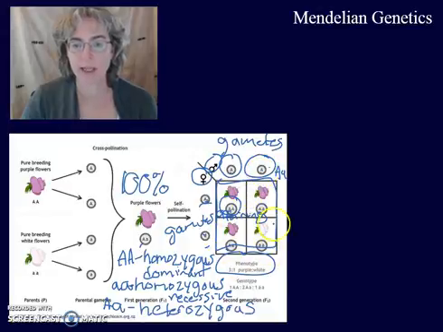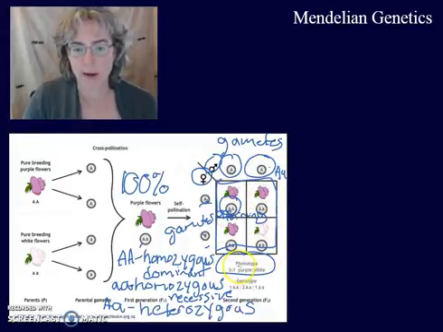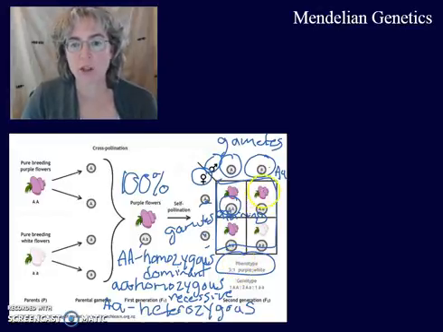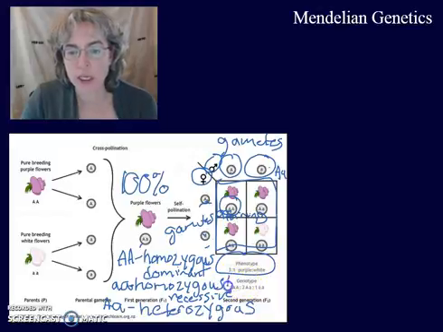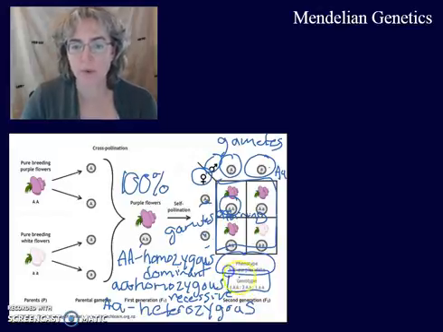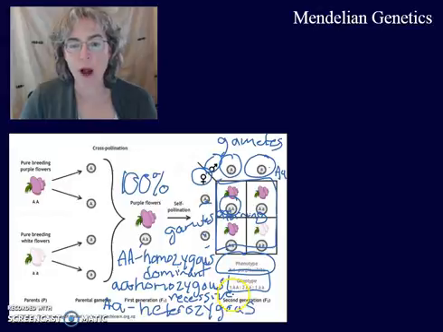And we know we're going to get the ratio of 3 to 1. So the phenotype is going to be 3 to 1, so 3 purple flowers to 1 white flower. And our genotype, we are going to have 1 big A, 2 big A, and then 1 little a.